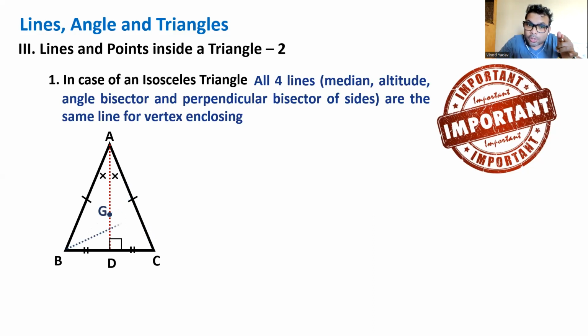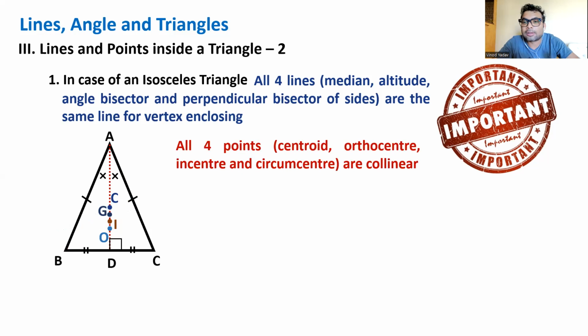If I draw an altitude, meeting point of altitudes, orthocenter. If I draw one more angle bisector, yes, meeting point of angle bisectors is incenter. If I draw one more perpendicular bisector, meeting point of the perpendicular bisectors is circumcenter. So you can see all these 4 points are collinear in an isosceles triangle.